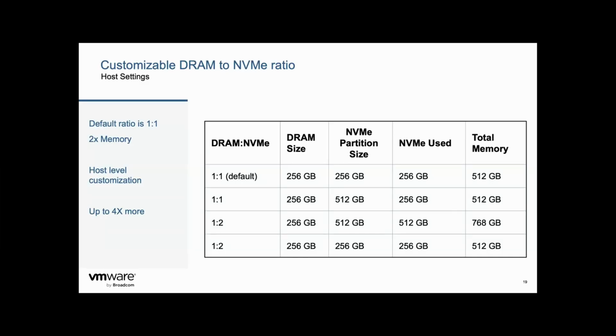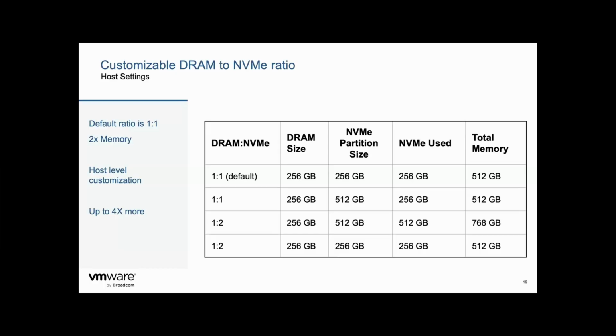So hopefully these examples help you understand the relationship between the ratios, the DRAM size and the NVMe partition size, and how much you can use out of which, and what is the best approach when you're thinking about greenfield deployments or even brownfield deployments, right? Because this can be used for both.